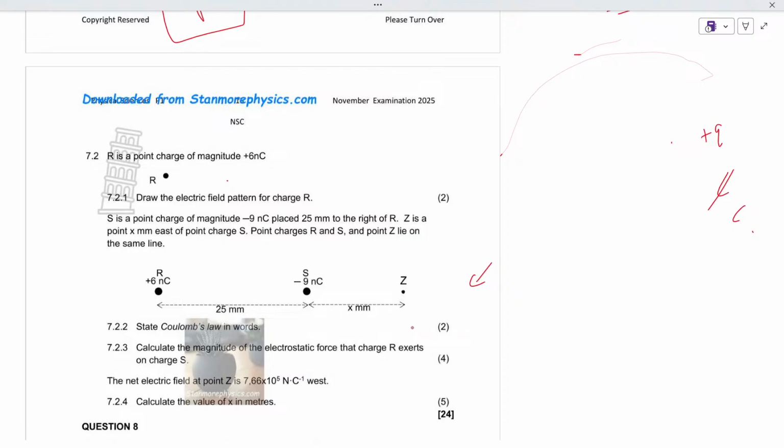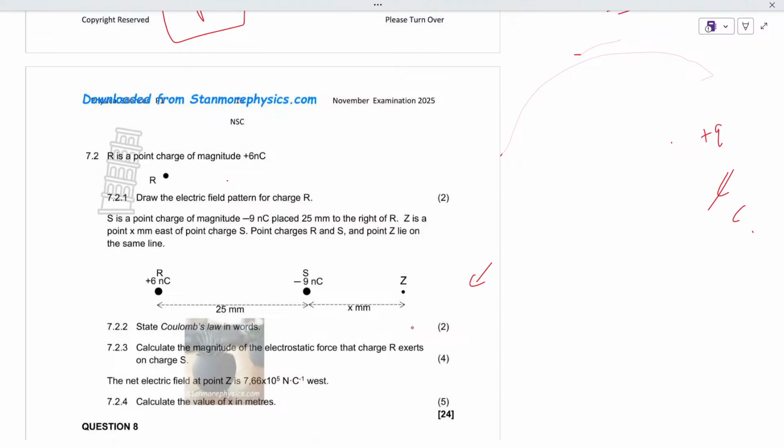R, S and point Z all lie on the same line.